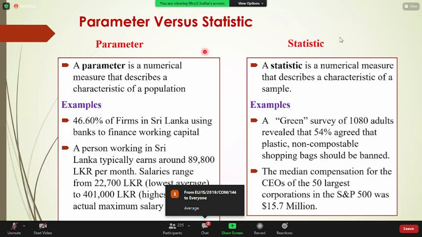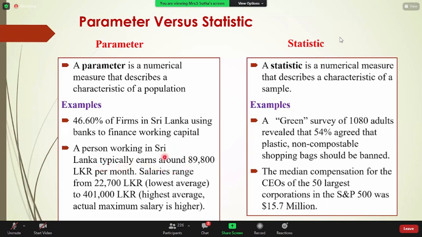This is what we discussed in the last class also, right? So the average measure: here, per Sri Lankan, we are defining the salary. If we take per Sri Lankan, a person working in Sri Lanka typically earns around 89,800 Lankan rupees per month.